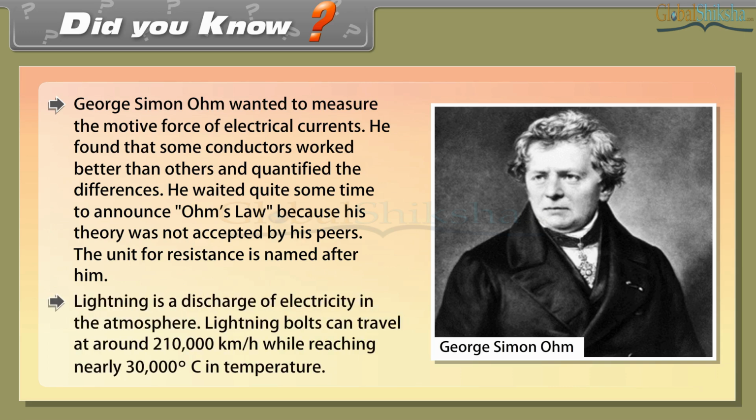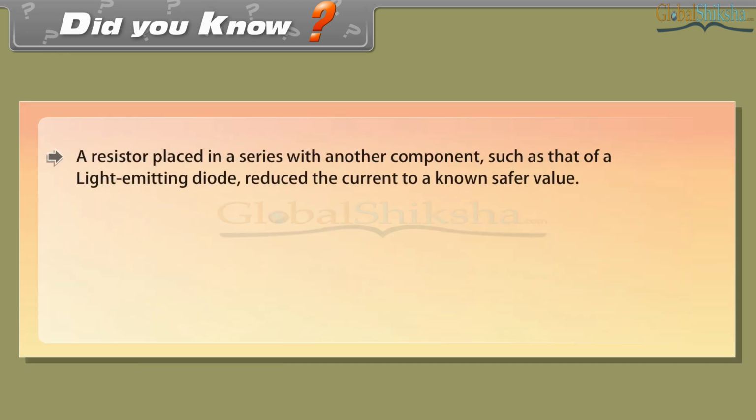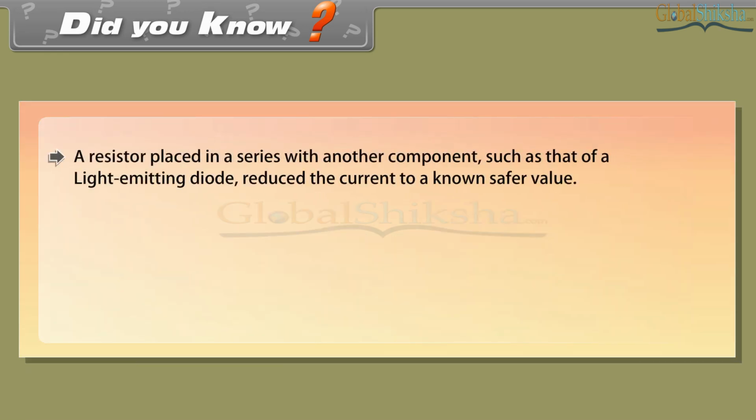Lightning is a discharge of electricity in the atmosphere. Lightning bolts can travel at around 210,000 kilometers per hour while reaching nearly 30,000 degrees Celsius in temperature. A resistor placed in series with another component, such as a light-emitting diode, reduces the current to a known safer value.